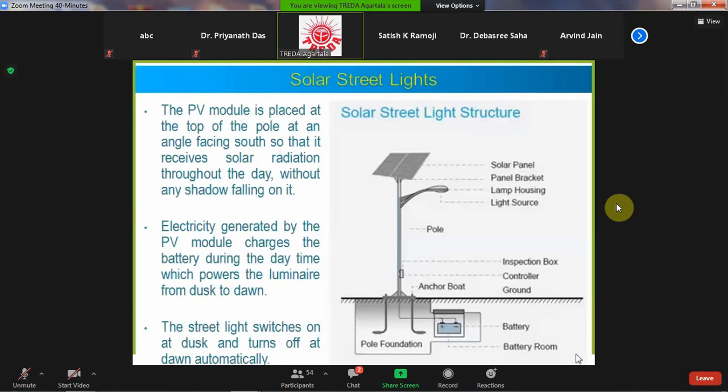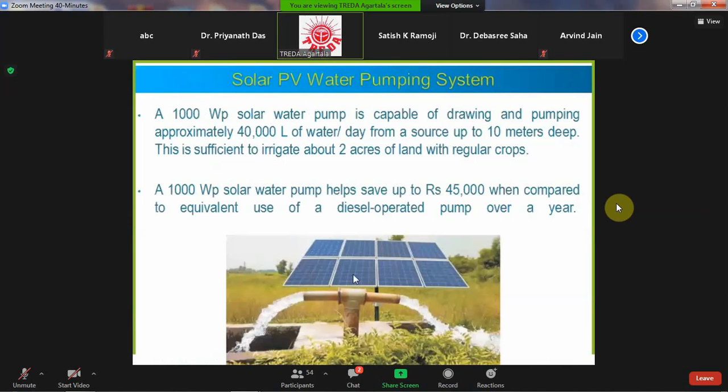So this is the solar street lighting system, and this is also a pumping system for irrigation purpose. Earlier, I told that for lack of water, most of the farmers are not cultivating their land. So now the government of India has announced one scheme, Pradhan Mantri Kisan Urja Suraksha Evam Utthan Mahabhiyan.